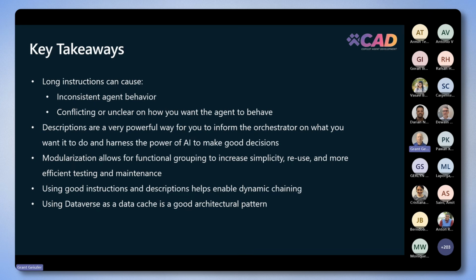And then sometimes the orchestrator gets confused: you want a bulleted list? You want a table? So by having long instruction sets, we can see some of the inconsistencies or conflicting things, and it can drive you crazy as you try to debug it.